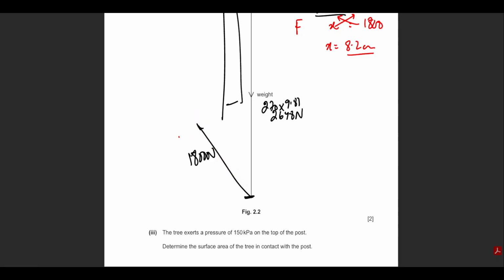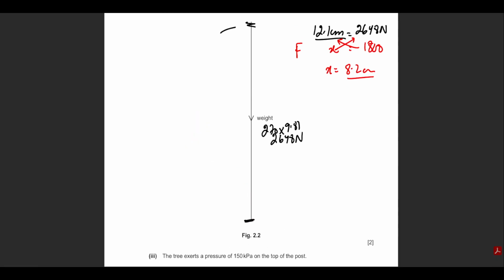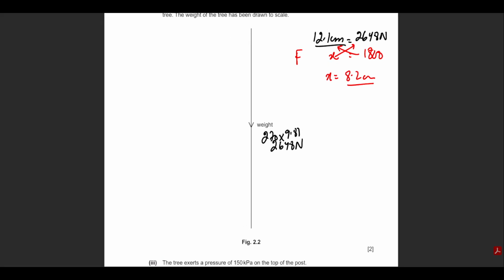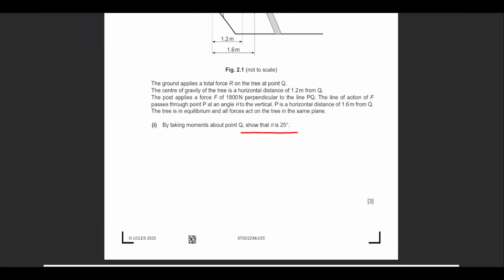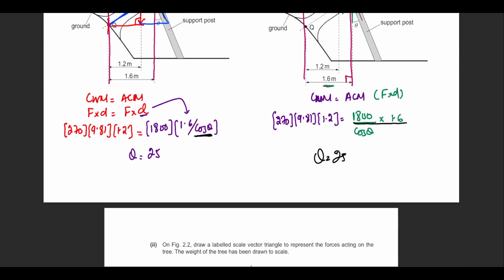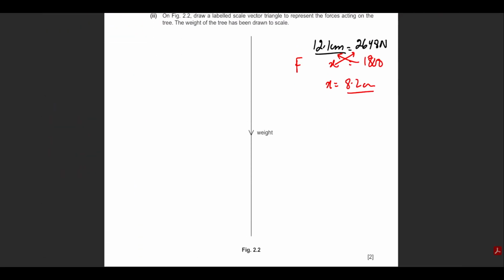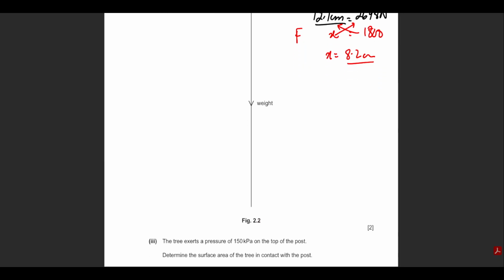But what should be the angle? Now, is the angle given in the question? That is exactly why they gave you a show-that question previously. So they wanted you to show that theta is 25. So you could have used this idea in the next diagram. So don't forget that if there's a show-that part, it's going to be used somewhere else in the question. So you place a protractor here and measure the angle 25 exactly.